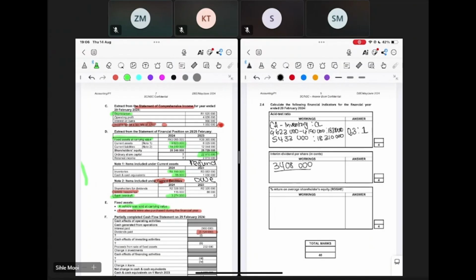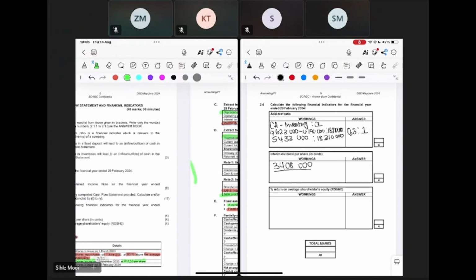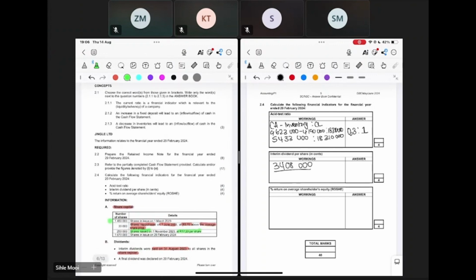Okay, now let's calculate what the number of shares is. We started off with 1,450,000 shares. Now let's see how many we were left with. So 1,450,000 shares, and then what happened?